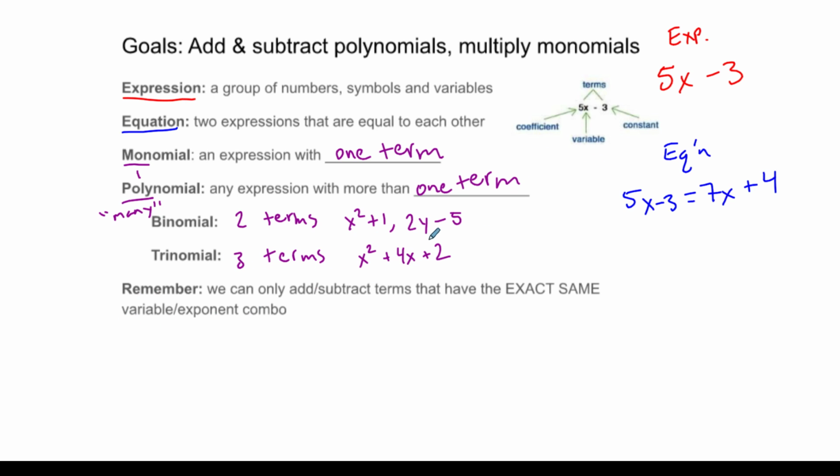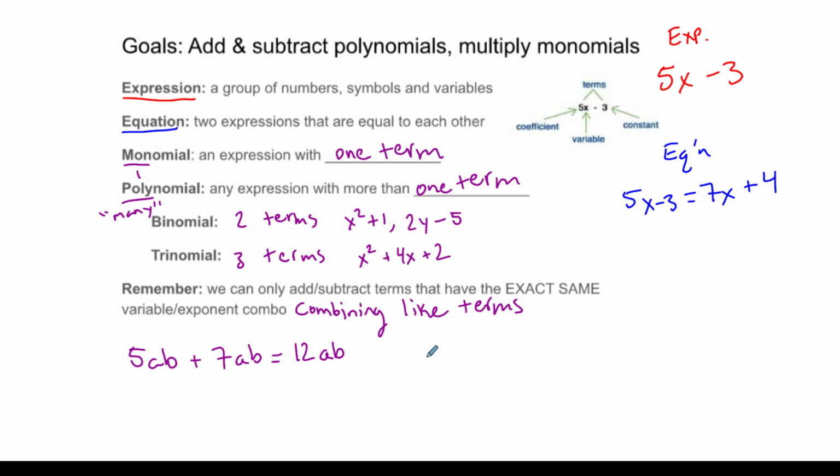Okay, something to keep in mind here, when we talk about combining like terms, something to remember is that we can only add and subtract terms that have the same exact variable and exponent combo. So if I had something like 5ab plus 7ab, that's 12ab, because both of these have an ab.